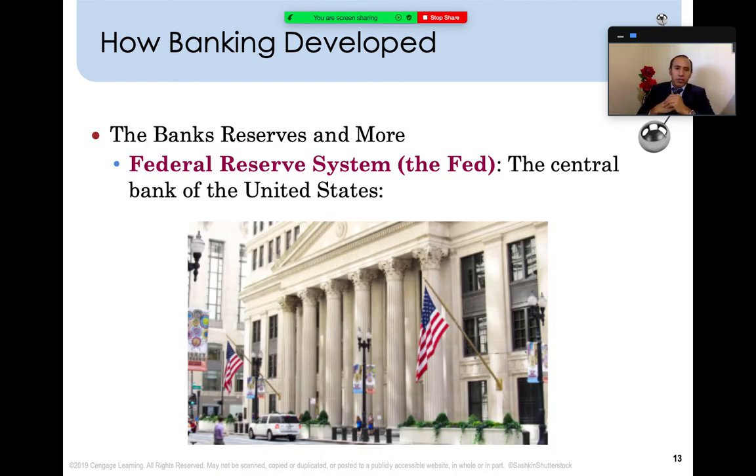And that system consists of the Federal Reserve, which is the central bank of the United States, established in 1913 to maintain stability and security of the financial system, and also to facilitate commercial banks in order to have some form of credible lending practices and credible deposit and depository institutions. So the Federal Reserve System consists of 12 Federal Reserve banks in the United States.